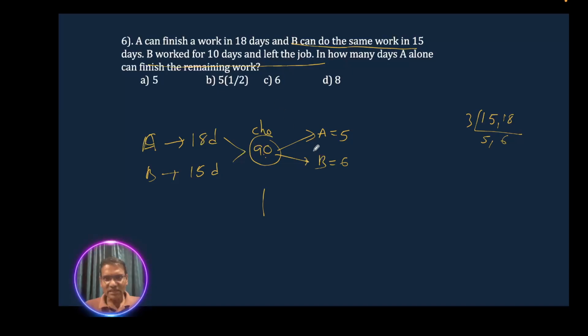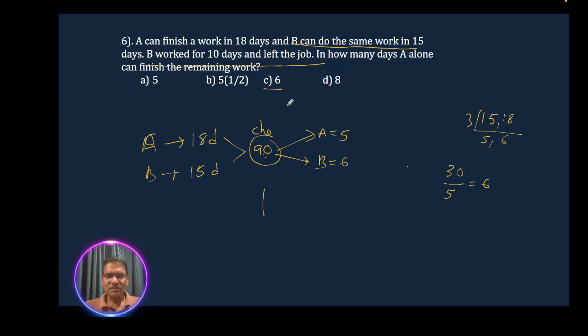So in 10 days B can eat 60 chocolates. Now the remaining chocolates out of 90 is 30 only, right? In how many days can A alone finish the remaining 30 chocolates? Per day A can eat 5 chocolates. Now 30 by 5, 6 days are required to finish the remaining work.